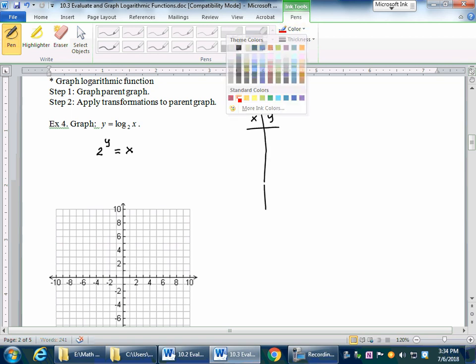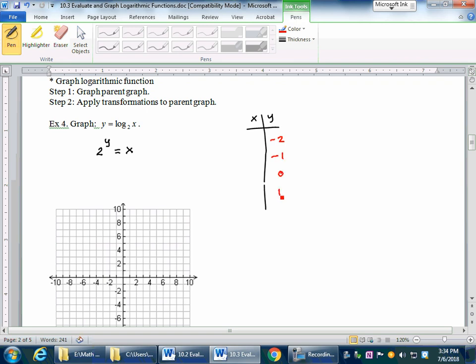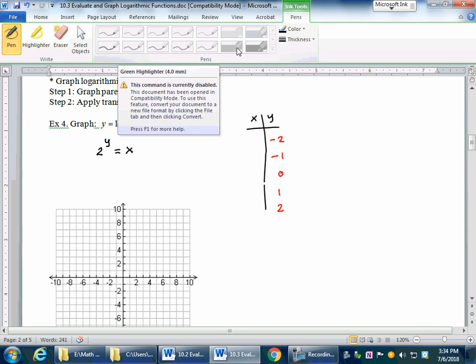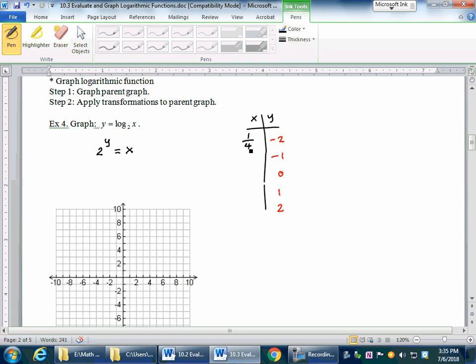So I'm going to choose -2, -1, 0, 1, 2, those 5 points for y. And that will help me get my x value. When I plug in y = -2, 2 to the -2 power becomes 1/4. Then this will be 1/2, this will be 1, and then 2, and then 4. Basically, what I'm plugging in for y with -2 becomes 1/2 to the second power, which is 1/4, my x value.